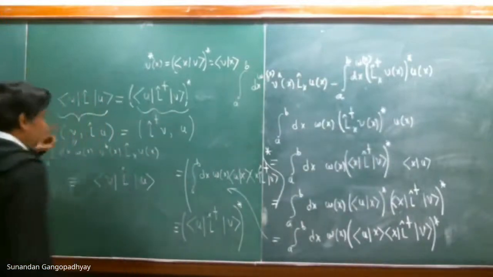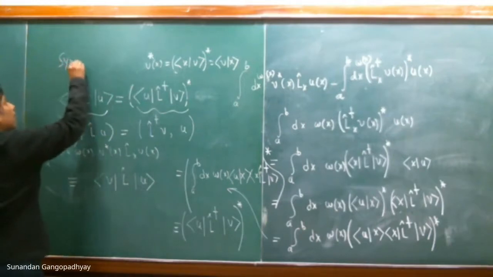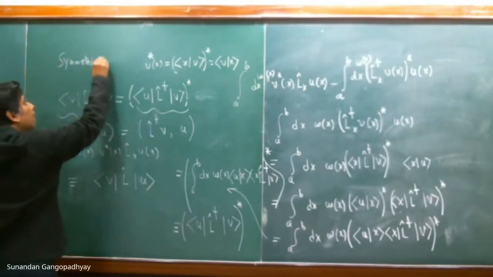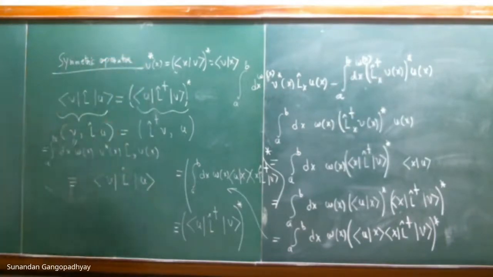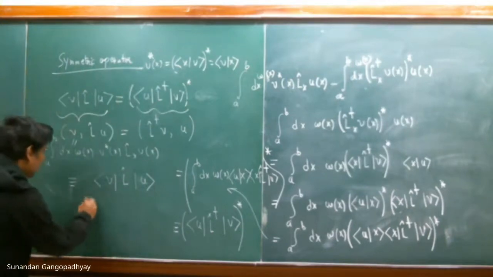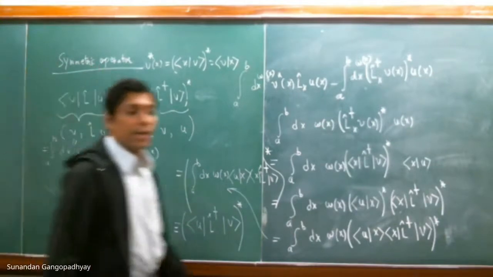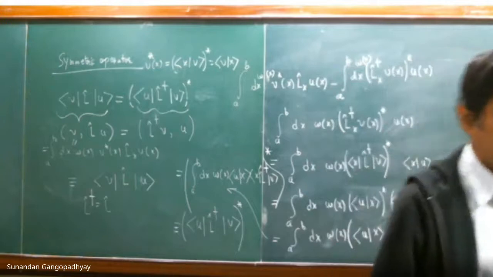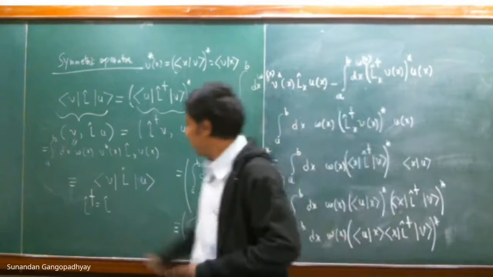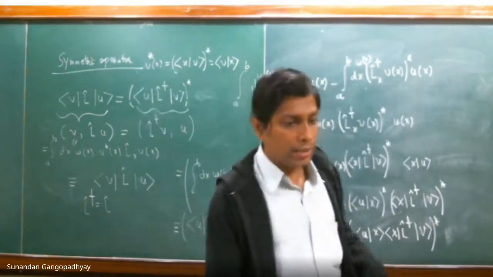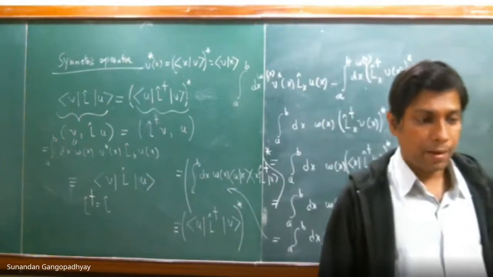Now I will tell you one more thing and stop for today. I will tell you what a symmetric operator is. If L hat dagger is equal to L hat, then this operator L hat is said to be a symmetric operator. It basically means that if the adjoint is equal to the operator itself, then it is a symmetric operator, but not Hermitian.